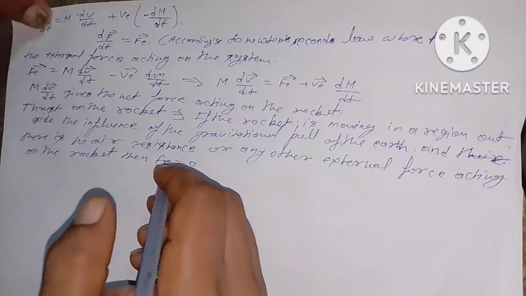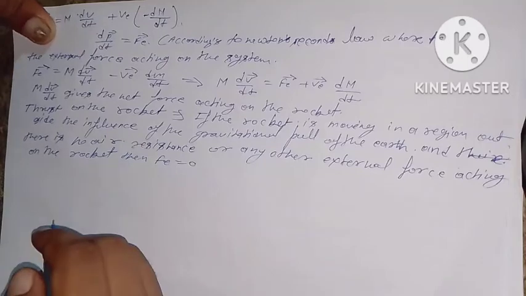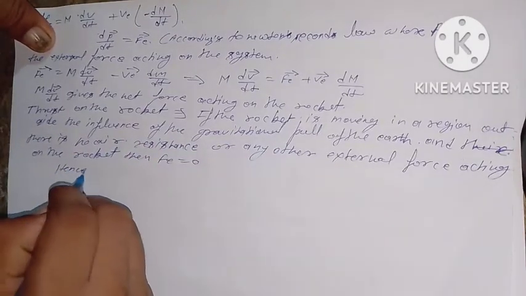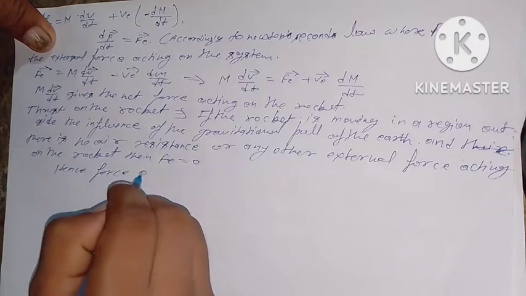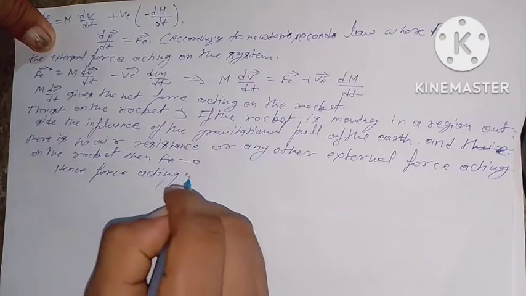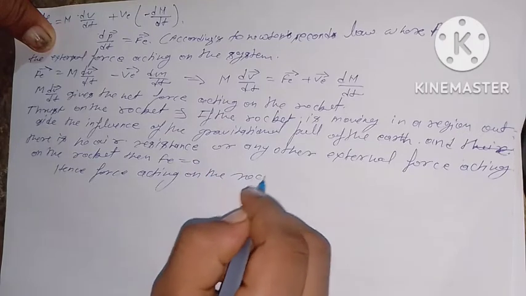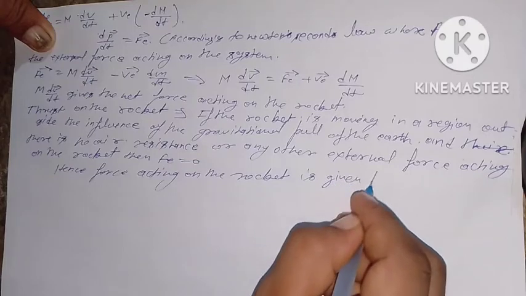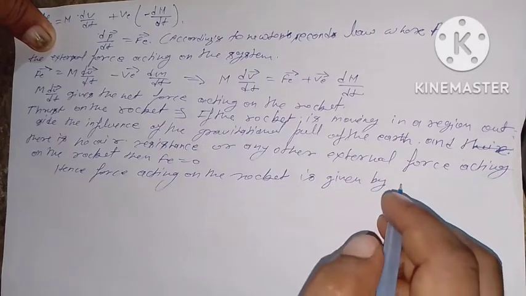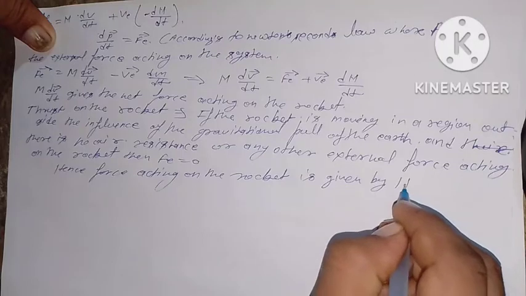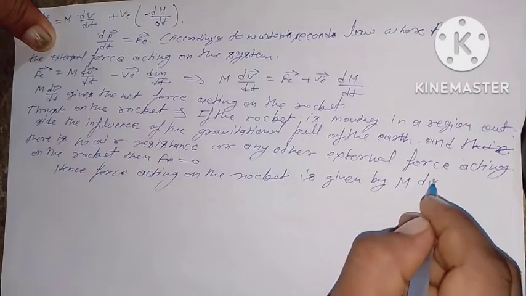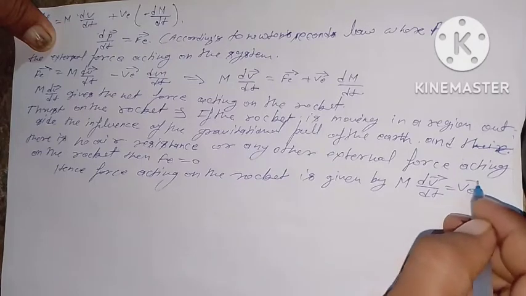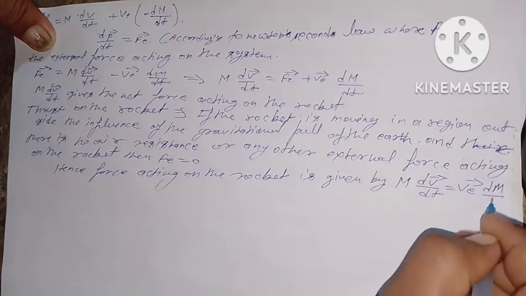Hence force acting on the rocket is given by capital M dv vector upon dt equal to ve vector dm upon dt.